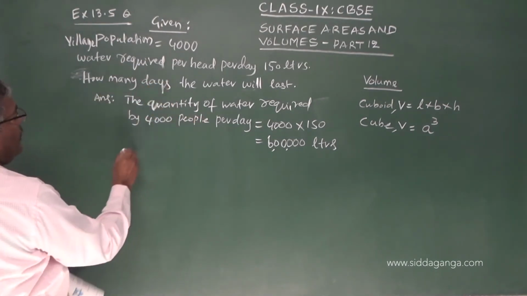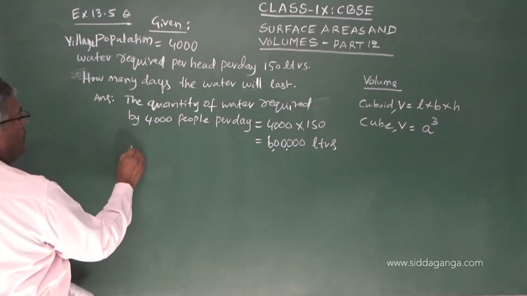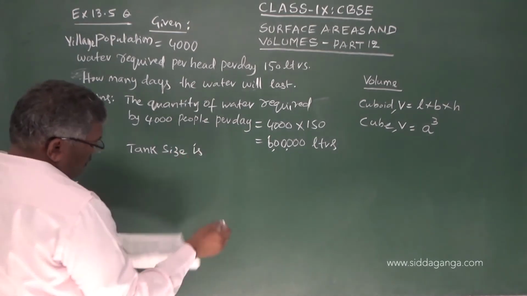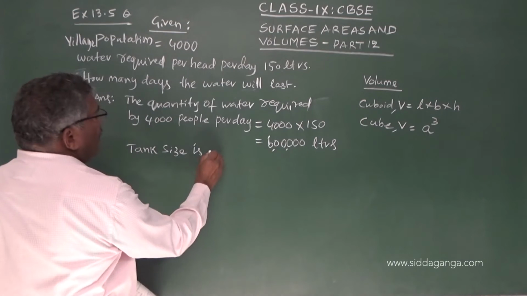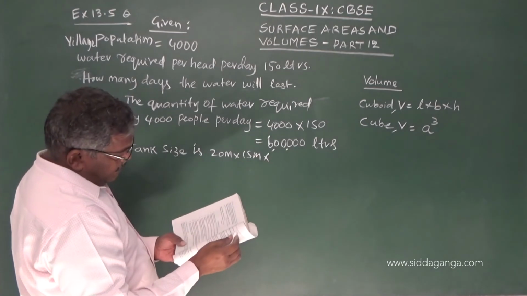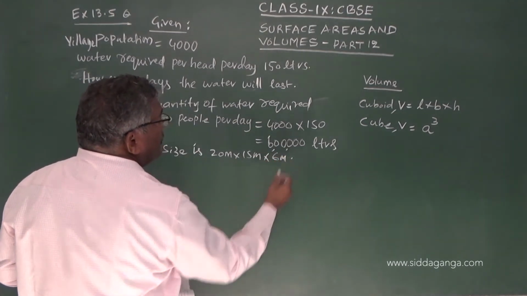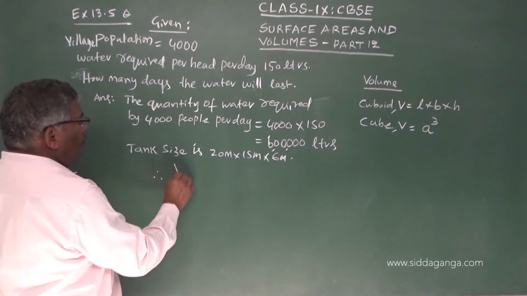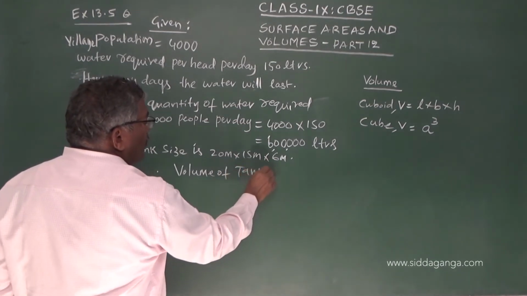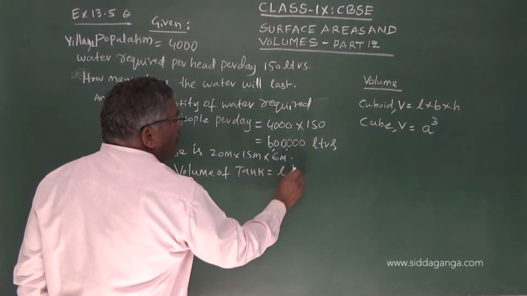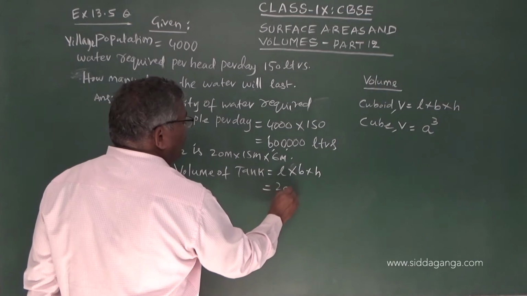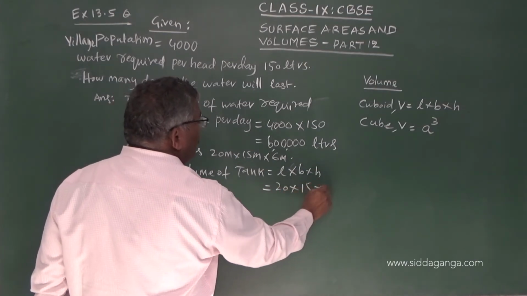So the tank size is 20 meter by 15 meter by 6 meter. Therefore, volume of tank is equal to L into B into H. So that equals 20 meter into 15 meter into 6 meter.